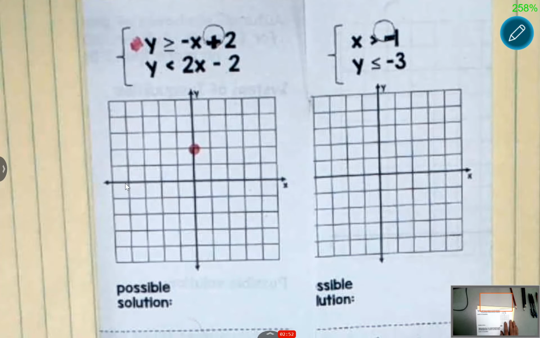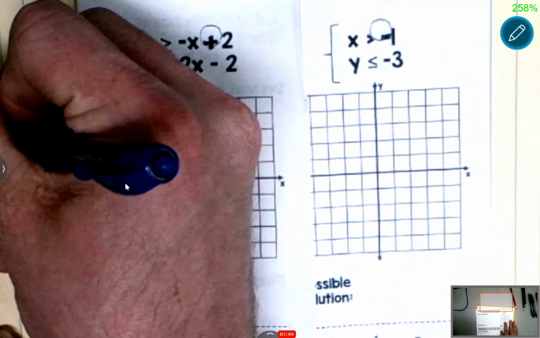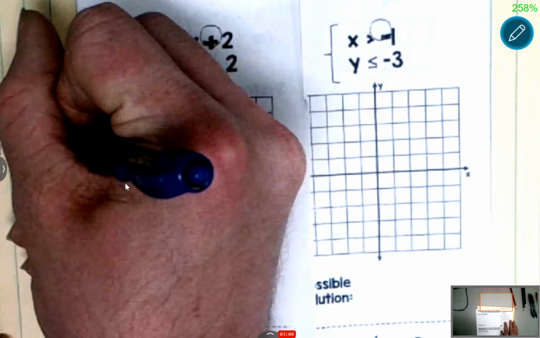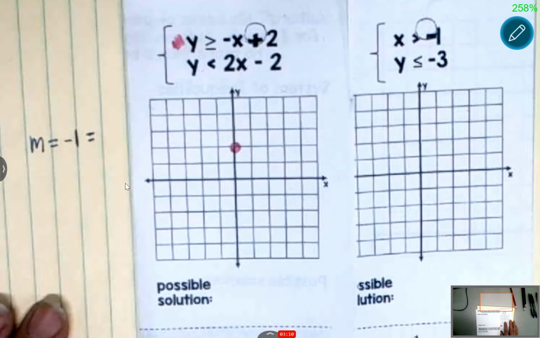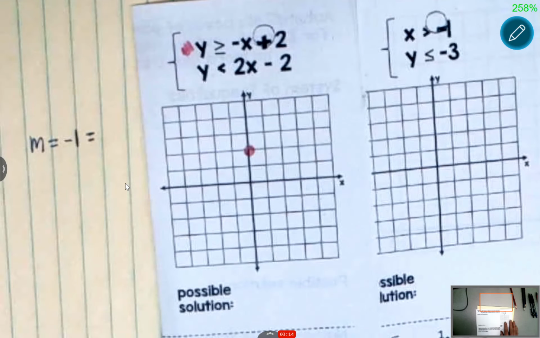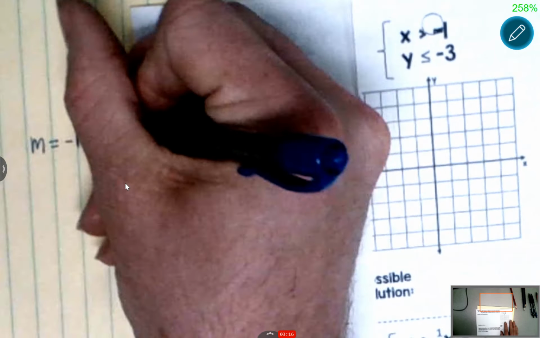Now we need to use our slope to get the rest of this line. Raise your hand if you can tell me, what is the slope of this line here? Prisha. Negative 1. Raise your hand if you can tell me another way of writing negative 1 so that I can better graph. Sam. Negative 1 over 1.